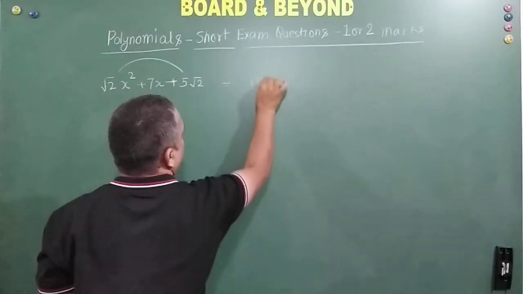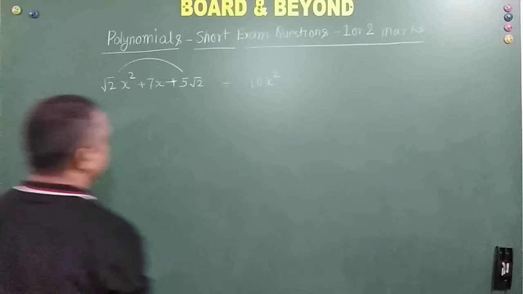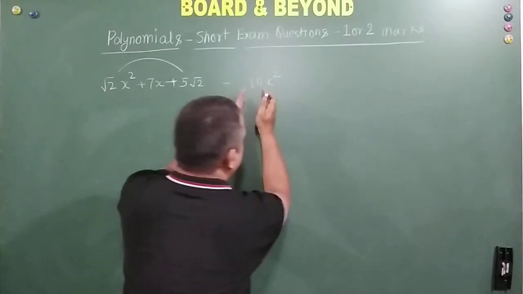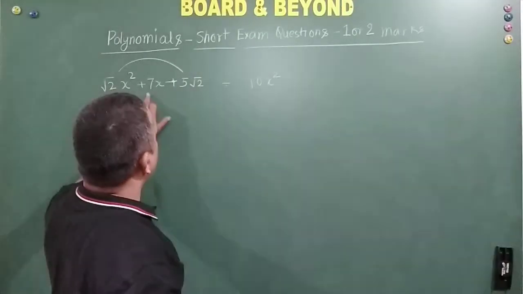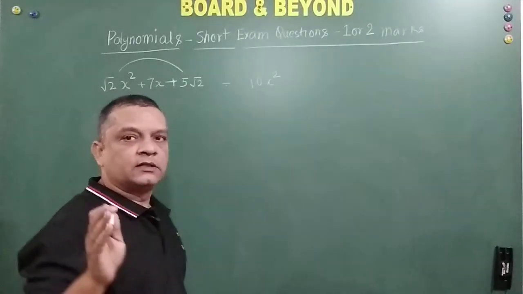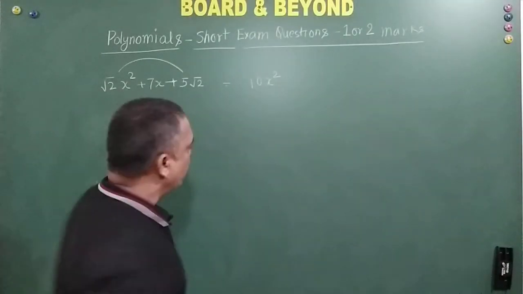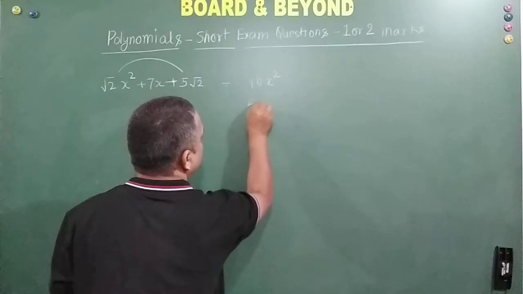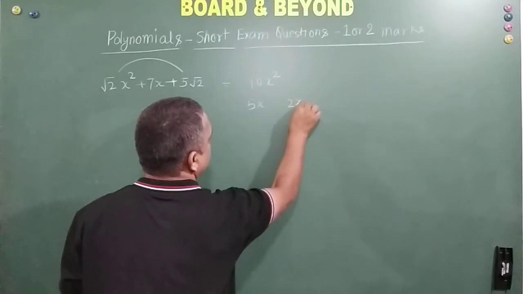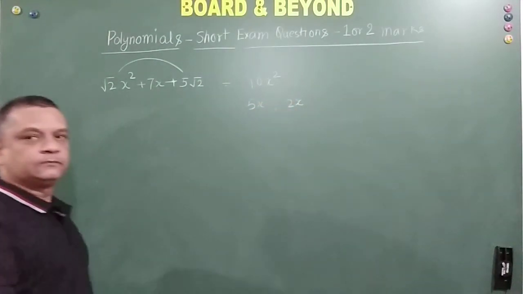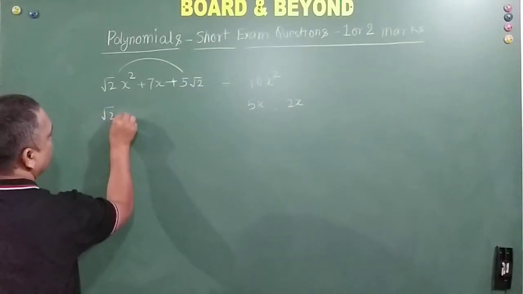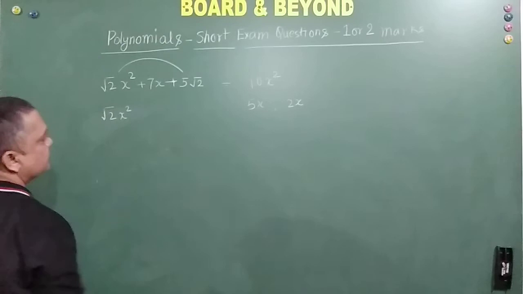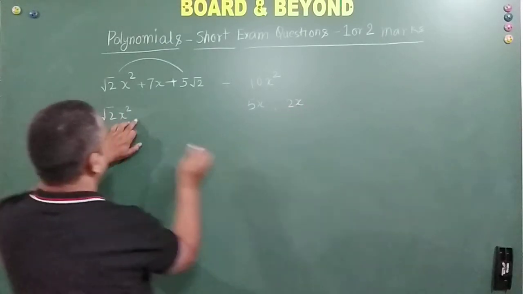So 10x square. Now I need to split 10 into two parts such that either their sum or the difference is equal to plus 7. The possibilities are 5 and 2. So this becomes 5x and this becomes 2x. Now, root 2x square, I'll write 2x here.